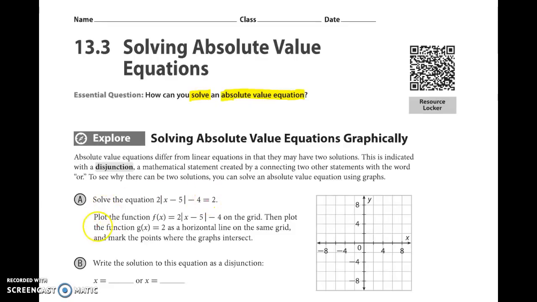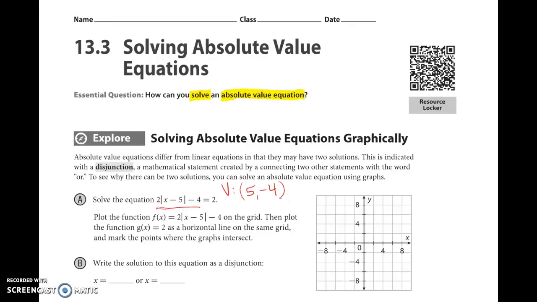And since we're going to do this graphically, we're going to start by plotting this first part here as f of x, or y equals 2 absolute value of the quantity x minus 5, minus 4, on the grid. So the absolute value equation is a V graph, and in this case our vertex is (5, -4).